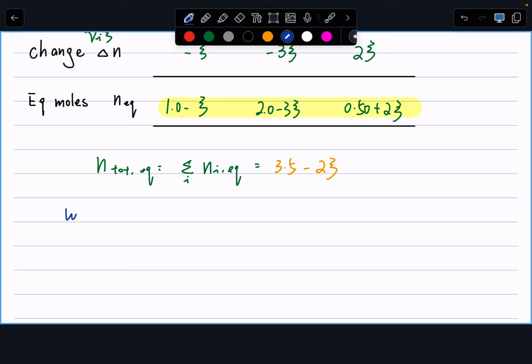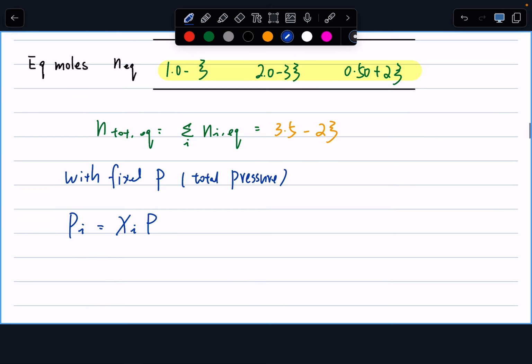Let's say we have a fixed pressure, meaning the total pressure is fixed. We know that my partial pressure equals the mole fraction chi i times the total pressure P. So what is my chi i? My mole fraction equals Ni at equilibrium divided by N total at equilibrium, times P.